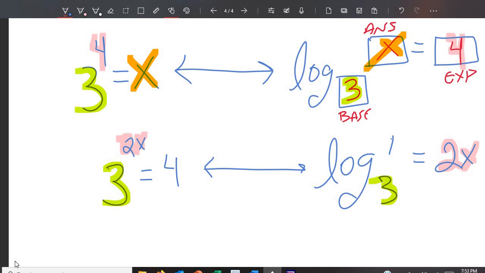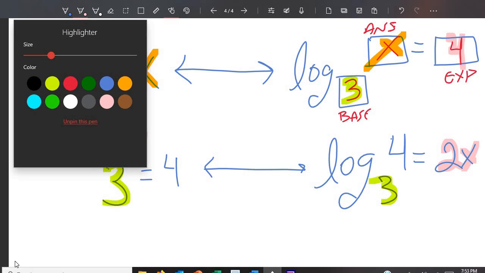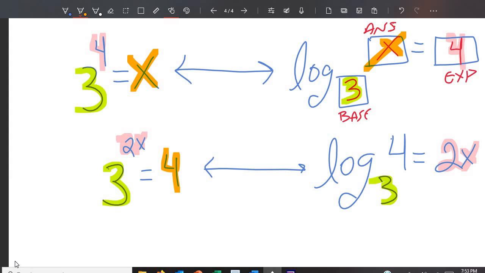And the answer is 4, so 4 goes here. So we have to know where the pieces go, so we'll be able to solve these later on.